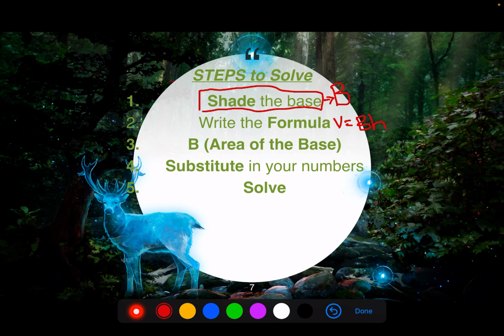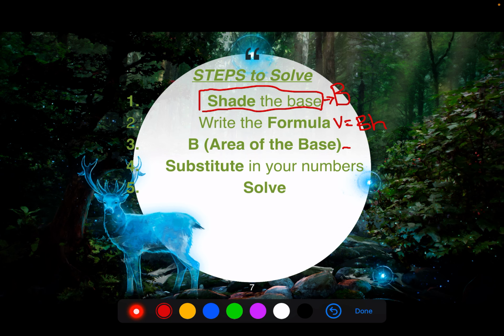You're going to find the area of the base, so you're going to use a formula for the shape that the base is. If the base is a rectangle, you're going to use a formula for area of a rectangle. If the base is a triangle, you would use a formula for area of a triangle. But I believe today we're only doing rectangular prisms, so you're going to use the formula for area of a rectangle here. Then you're going to substitute in your numbers and solve.